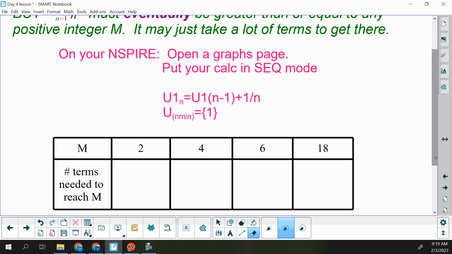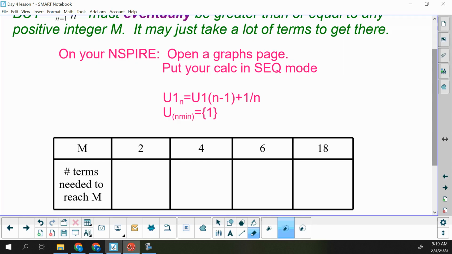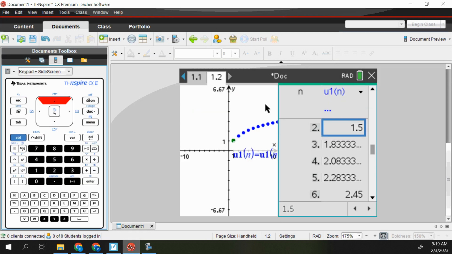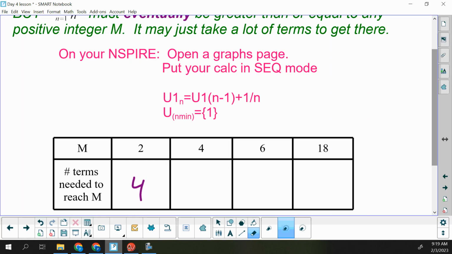And we want to see how many terms we need to add to get to each of these values. To get to 2, it looks like we've got to go to 4 terms. To get to 4, if we scroll down a ways, we're getting closer. Looks like we have to go to 31 terms to get to 4.